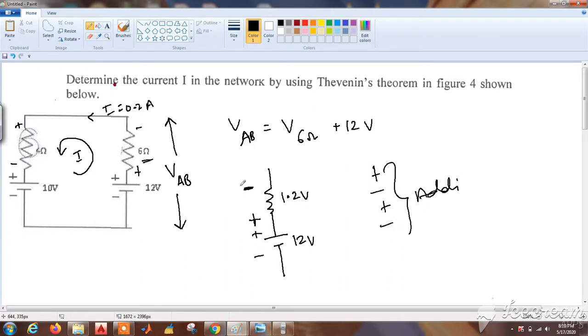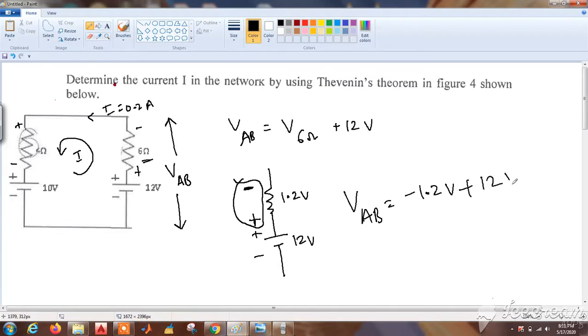But as we can see here, minus and plus is there. So we can take this as minus 1.2 volts. That is, there will be a subtraction between them. Therefore, VAB is equal to minus 1.2 volts plus 12 volts, which will be 10.8 volts. This is our VAB or Thevenin's voltage VTH.